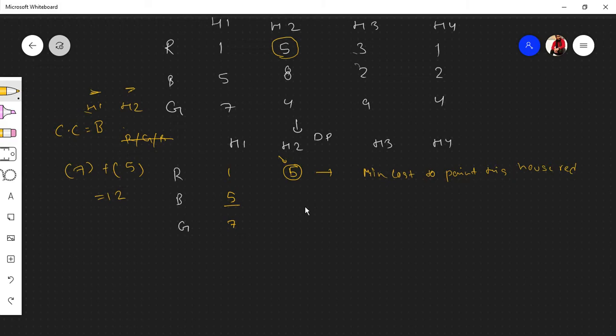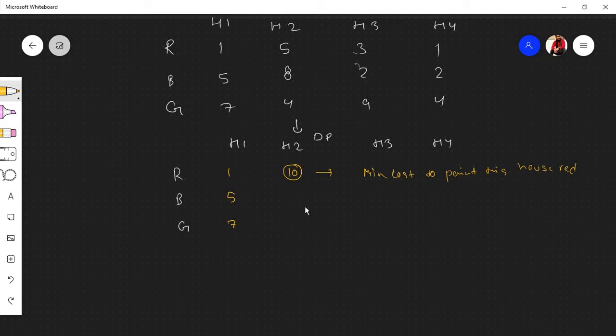But this is not minimum. What is minimum is 10. And how does this 10 arrive? This comes by H1 painted with blue and H2 painted with red for this specific position. For each and every position this will change. I'll explain you. Okay, so we got our idea that at least it will cost 10 rupees.